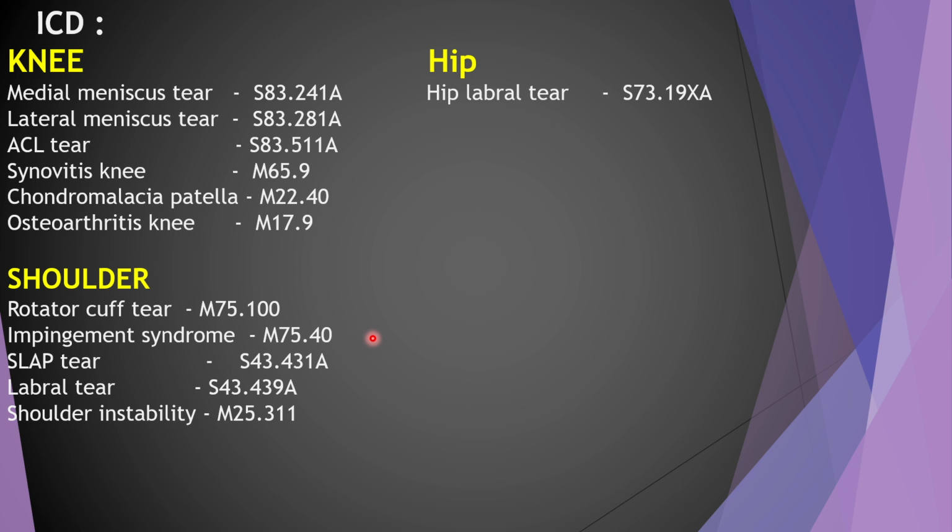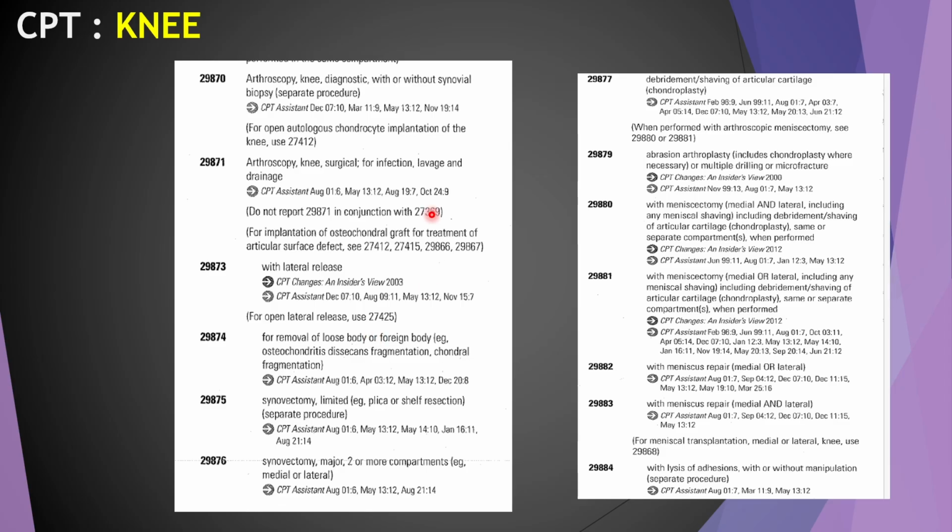Okay. Coming to next, CPT, which is most important. Here is a screenshot of the CPT book, first the knee. Here is 29870, arthroscopy of the knee, diagnostic, with or without synovial biopsy. In the parenthetical note, it is written: for open autologous chondrocyte implantation of the knee, use 27412.